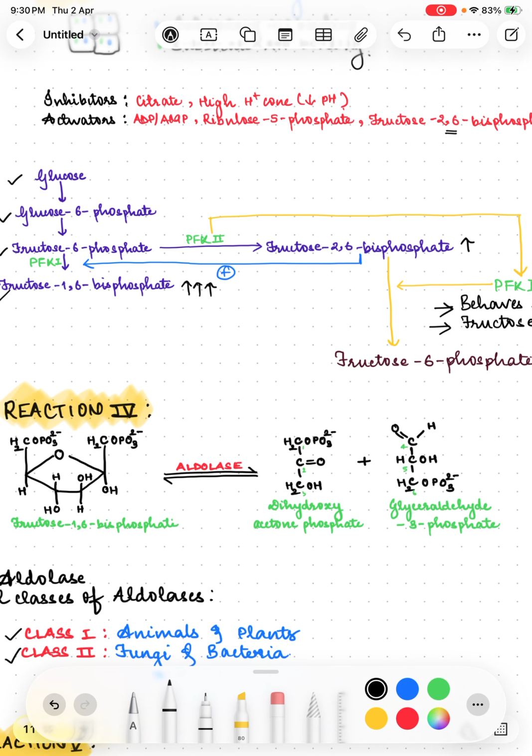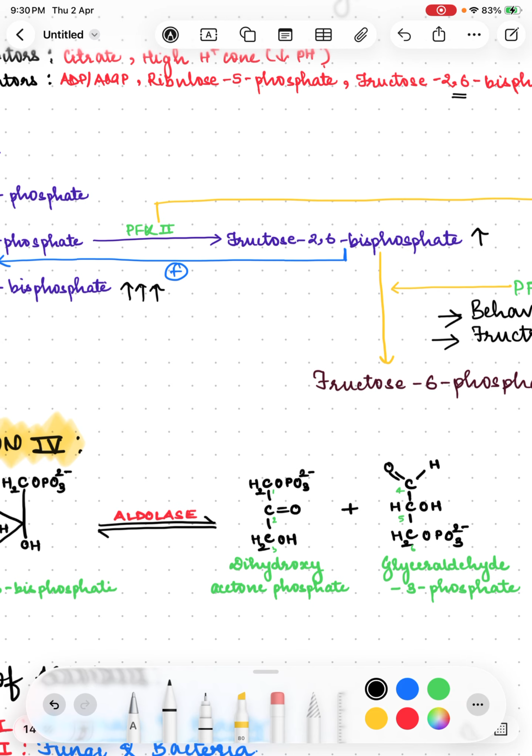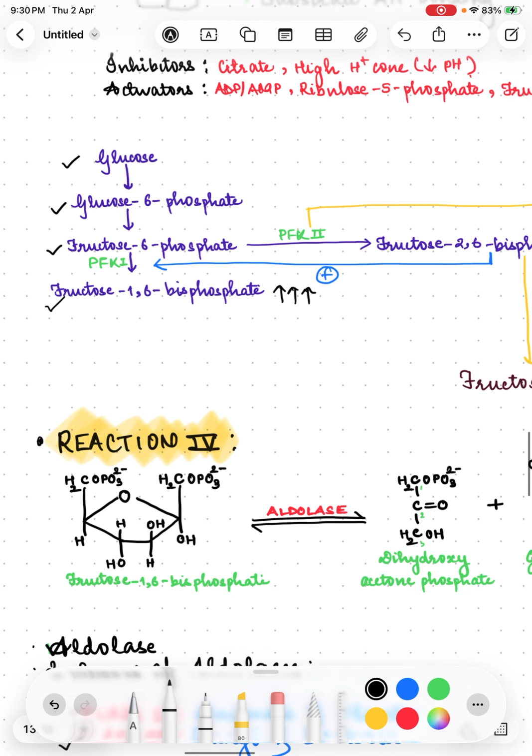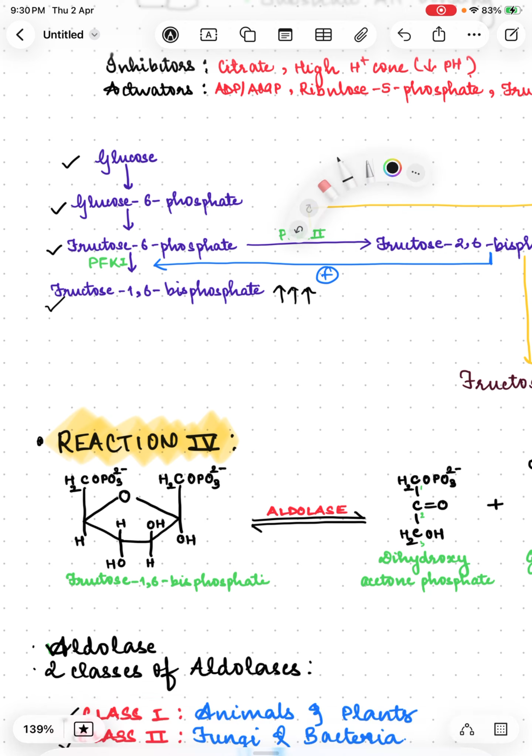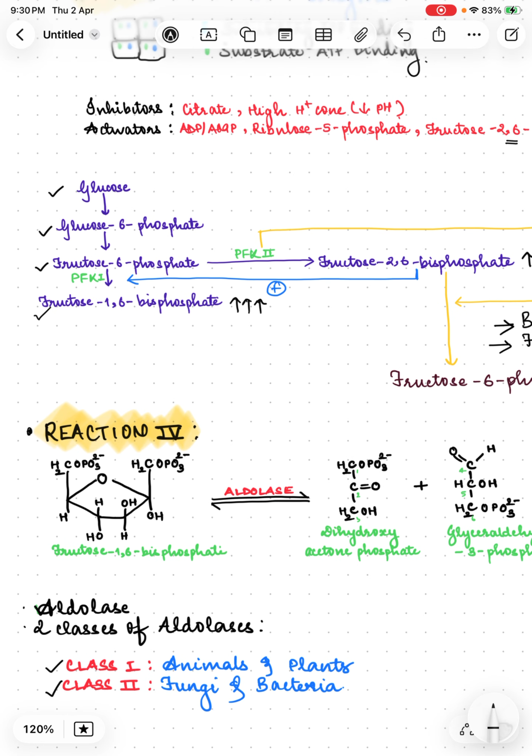But sometimes this fructose 6 phosphate gets converted into fructose 2,6 bisphosphate with the help of the enzyme phosphofructokinase 2, and this fructose 2,6 bisphosphate will activate phosphofructokinase 1, which then will synthesize more fructose 1,6 bisphosphate. Thus fructose 2,6 bisphosphate is an activator of PFK1.